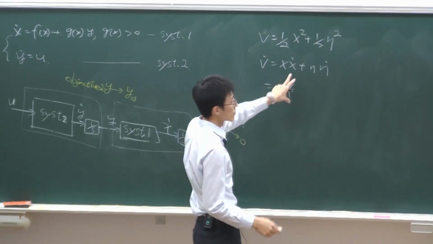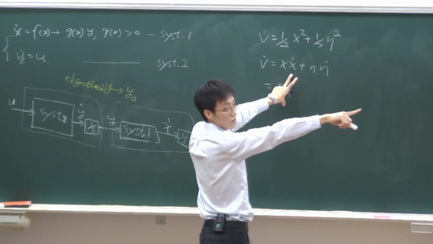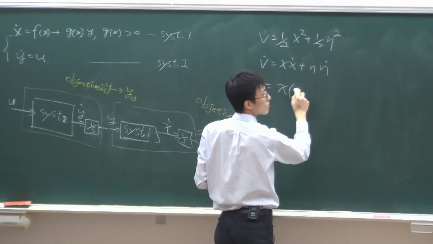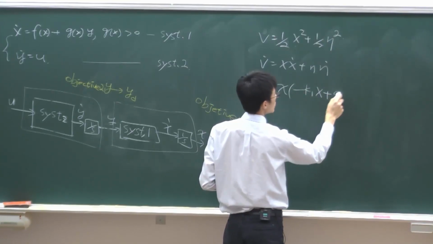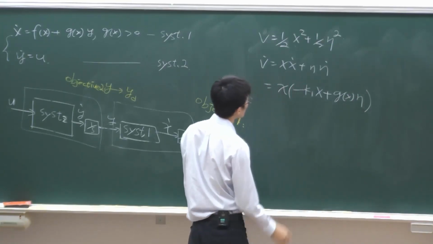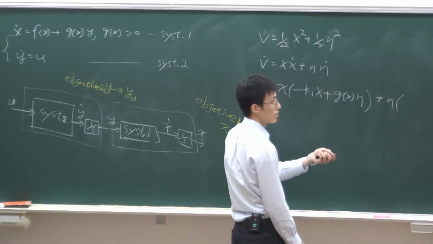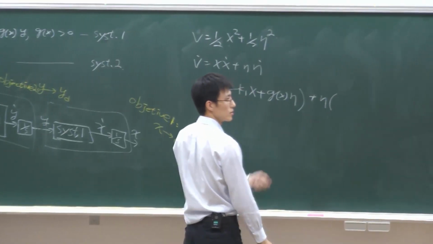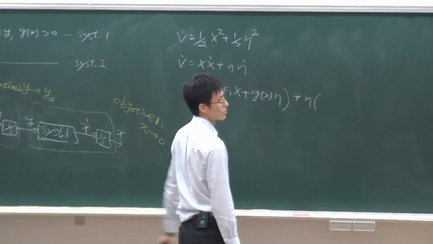So the closed loop dynamics of the first system is number 3, that is k1x plus gx eta. And eta dot is the closed loop system of the second system.